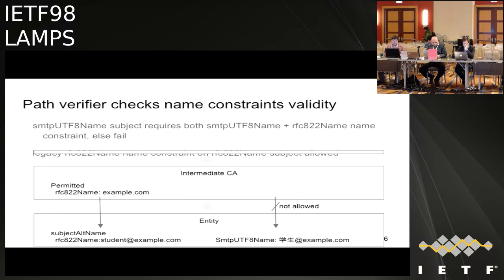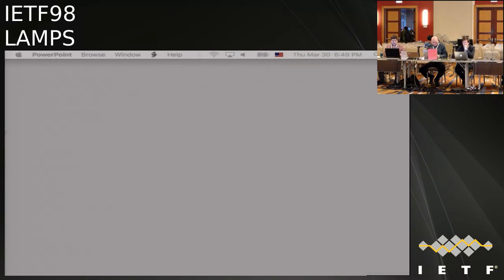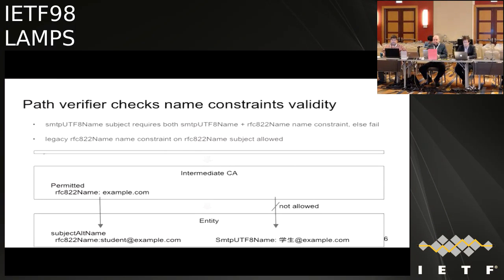So the solution here is that having both name types provides a means of communicating that the CA is aware of SMTP UTF-8 name types. Part of the reason for requiring both of them is to indicate to a path verifier that, hey, we understand what we're doing with SMTP UTF-8 name constraints.